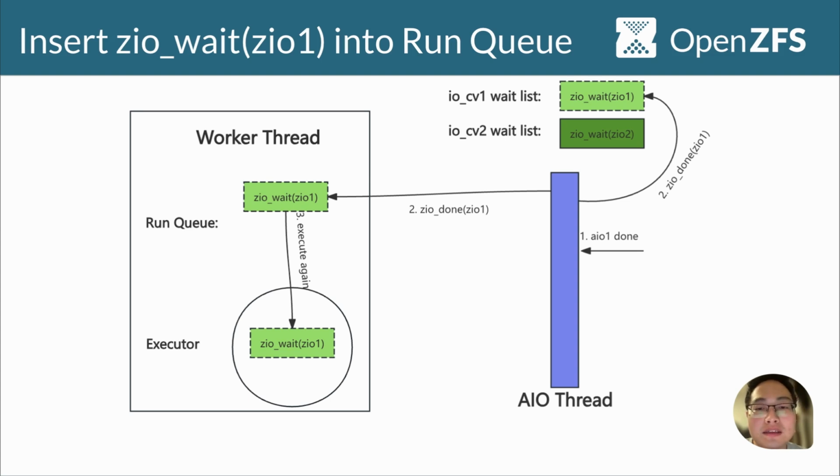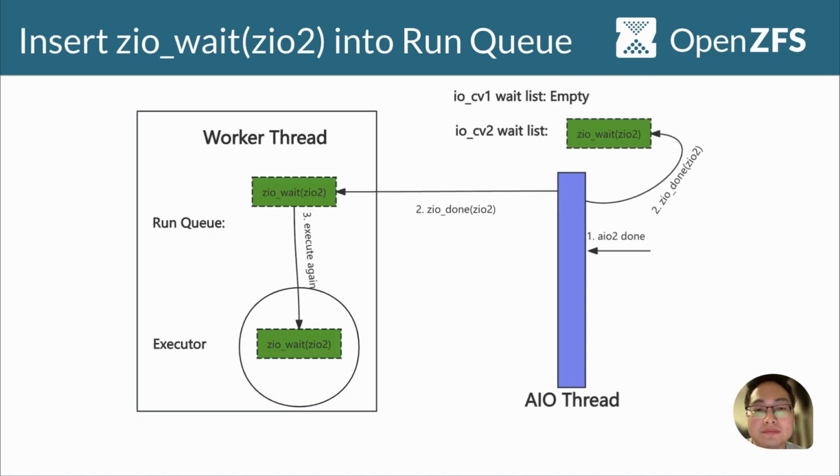In ZIO done, it will first remove the ZIL1 task from the wait list and add the task into the run queue. Then the executor can execute ZIL wait for ZIL1 from where we suspended last time. When the IO request of ZIO2 is done, it works the same for ZIL2.